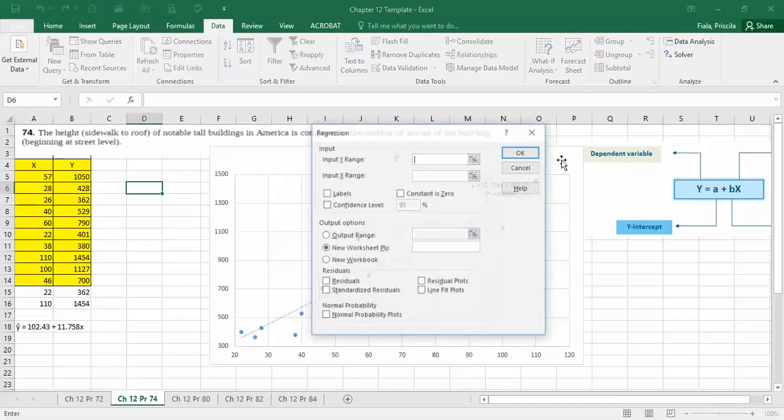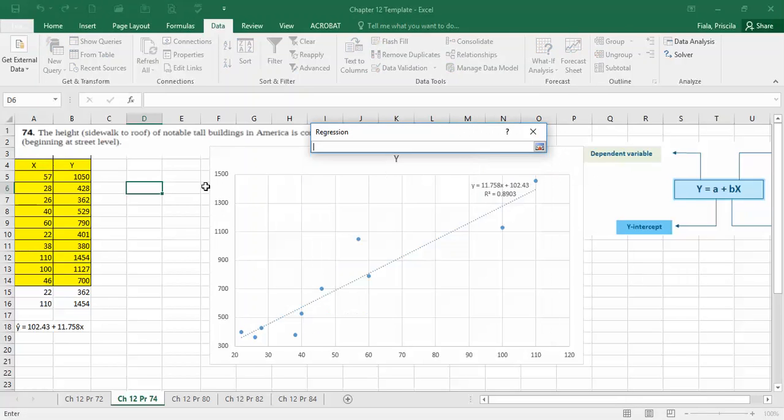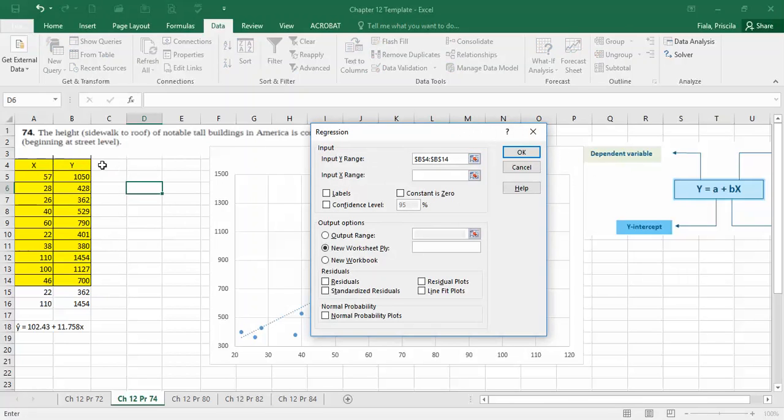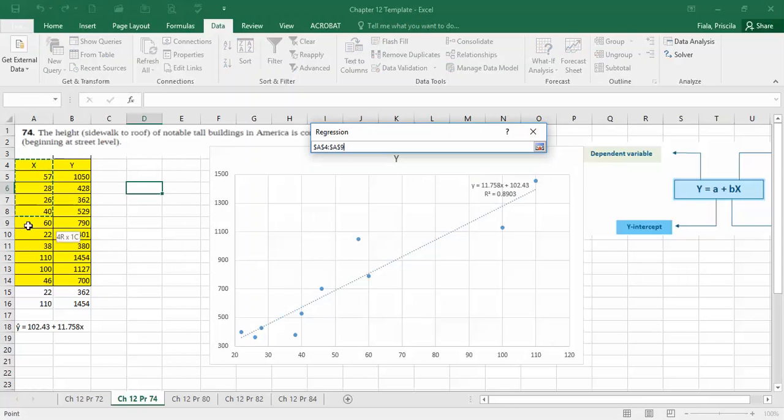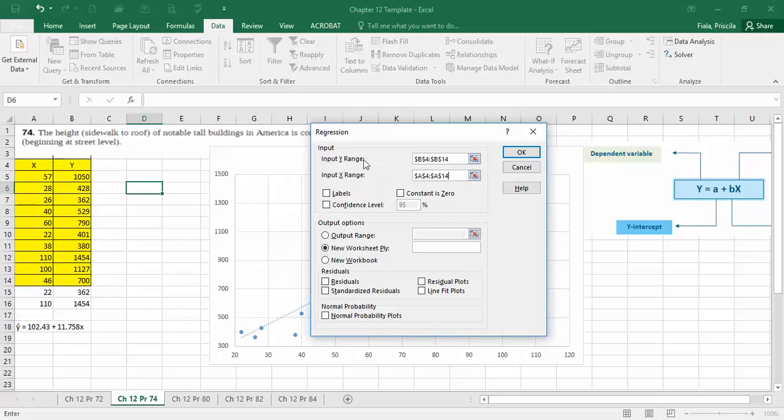Okay, let's click regression. Which ones are my Y's? Then select your Y's. It's okay that you select the label. I'm gonna show you how you can tell Excel that. Now let's select all the X. Okay, so now I have selected all the Y's and all the X. It does have labels, so tell Excel it does have labels.